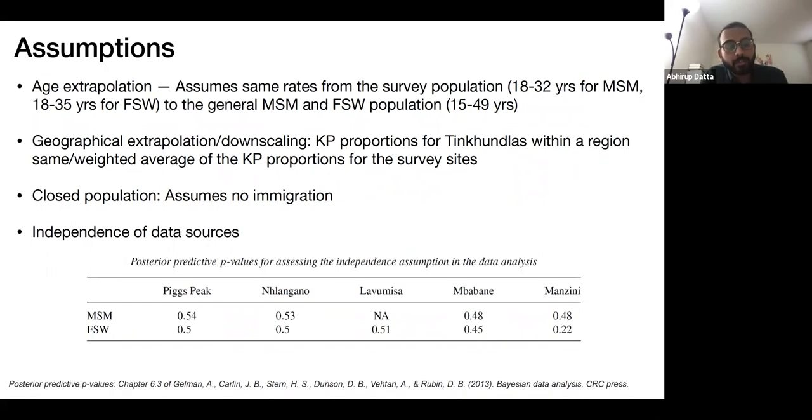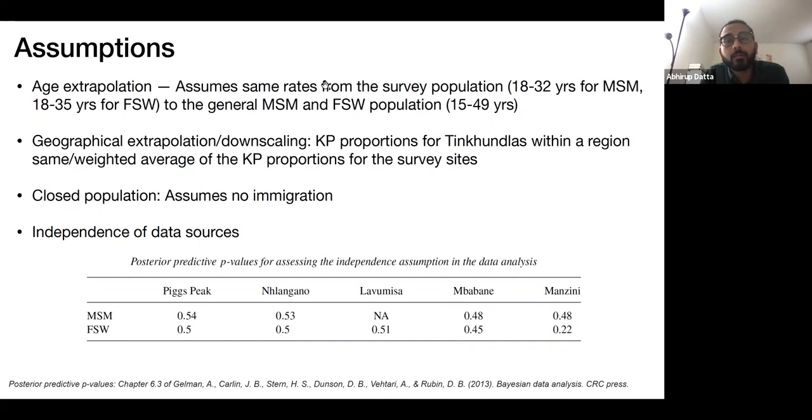So first of all, there was an age extrapolation assumption: the surveys were mostly between 18 to 30 years for MSM and 18 to 35 years for FSW, and we extrapolated to the general population, which is 15 to 49 years. This is reasonable for MSM because sexual orientation is generally robust to different age strata.